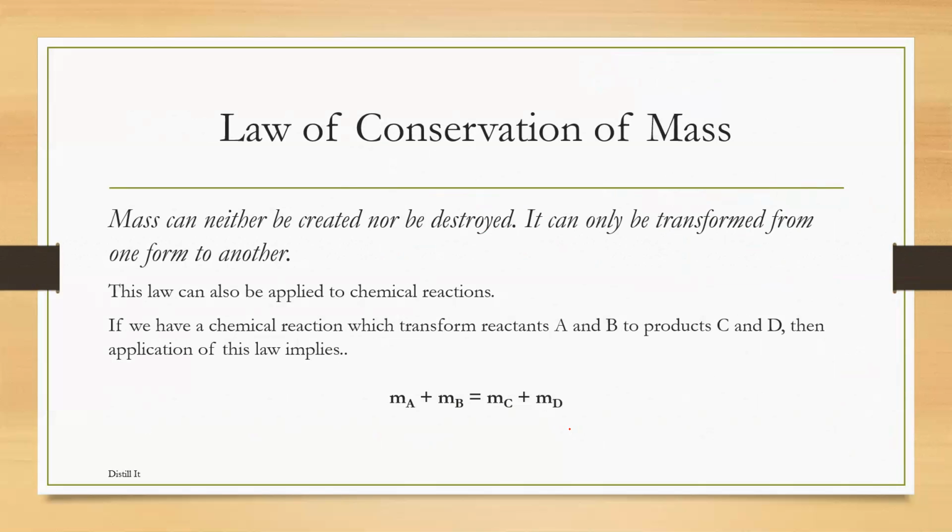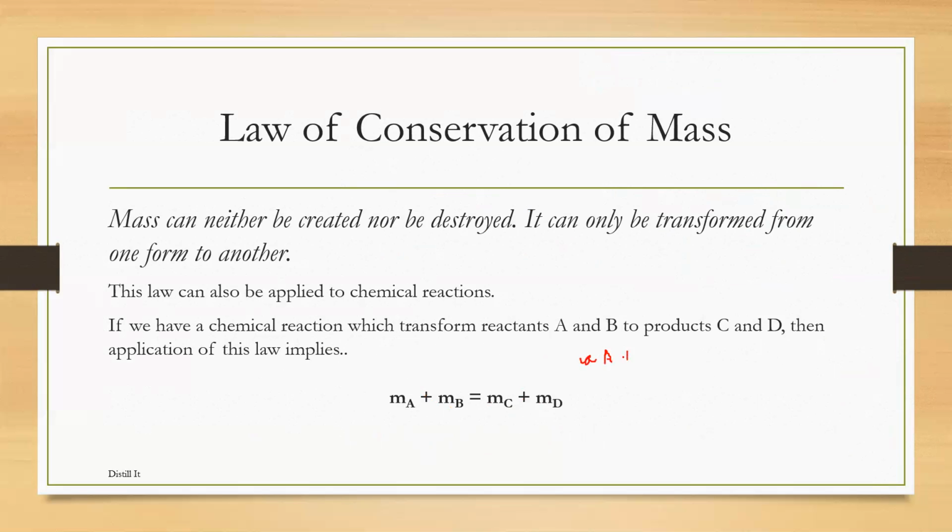Then we have the law of conservation of mass, which implies that mass can neither be created nor be destroyed. It can only be transformed from one form to another. So this law is basically applicable to chemical reactions as well.